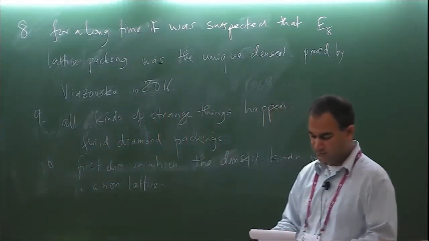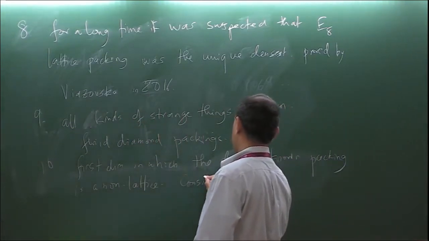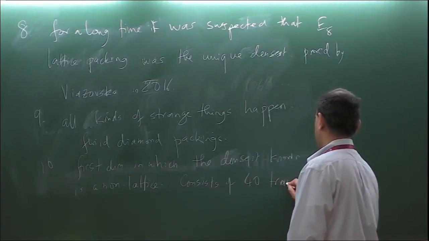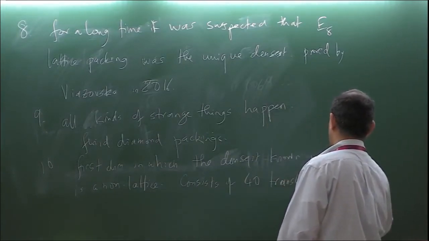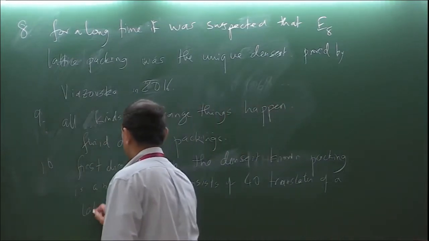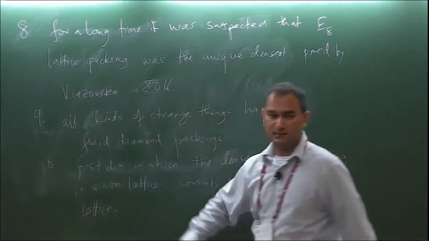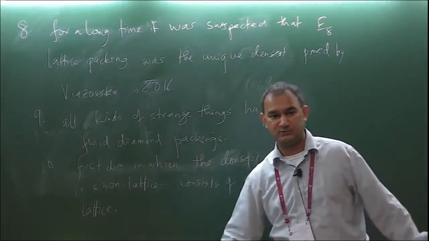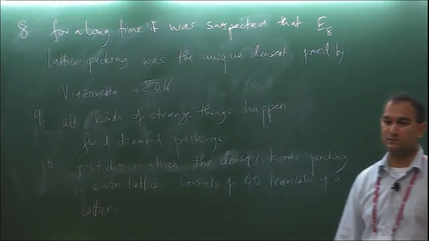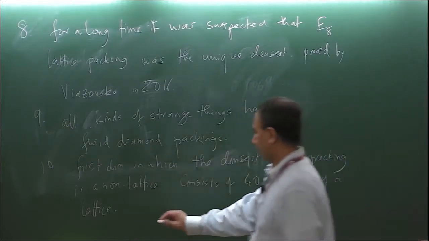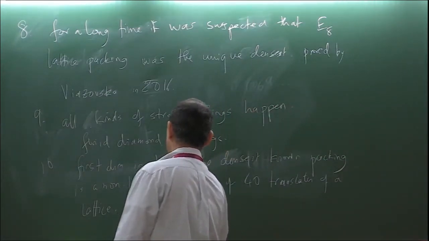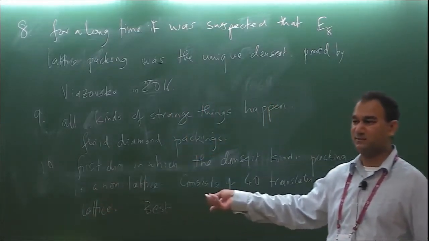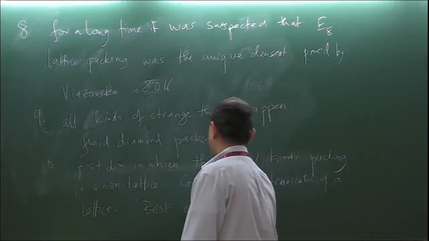It in fact consists of 40 translates of a lattice. The way it's constructed is by using binary error correcting codes. There's a code in F2 to the 10, which is called the best code. It's not the best code because it's best in any sense. It's the best code because Mr. Best, a coding theorist, discovered it.